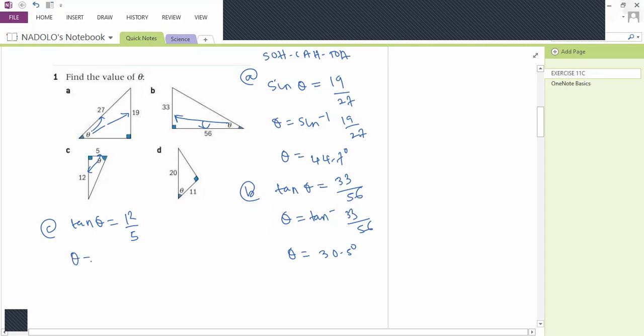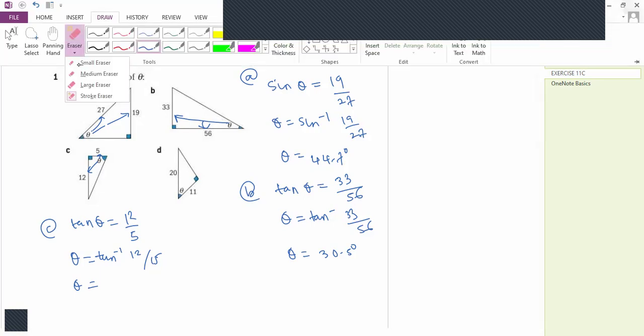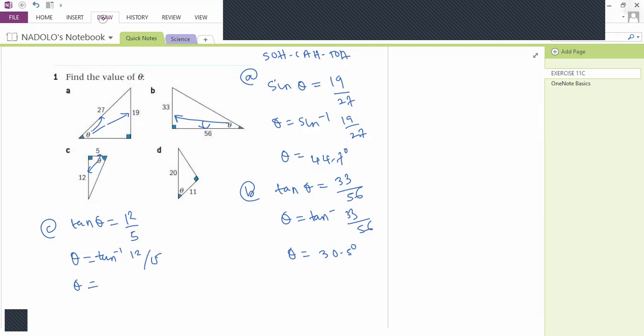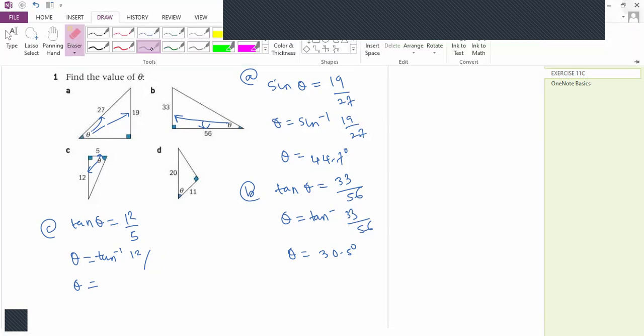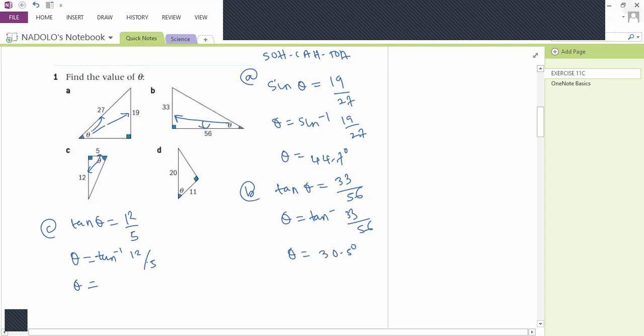If you want to get theta, you do tan inverse of that fraction, tan inverse of 12 over 5. I don't have 15 written, I'm going to erase this and write 5. So 12 over 5.